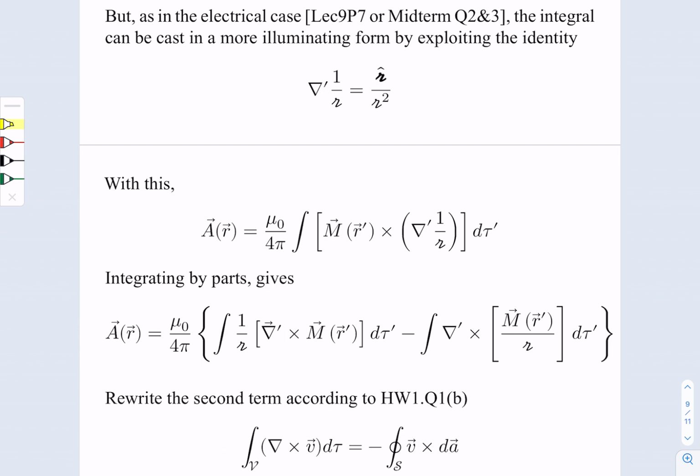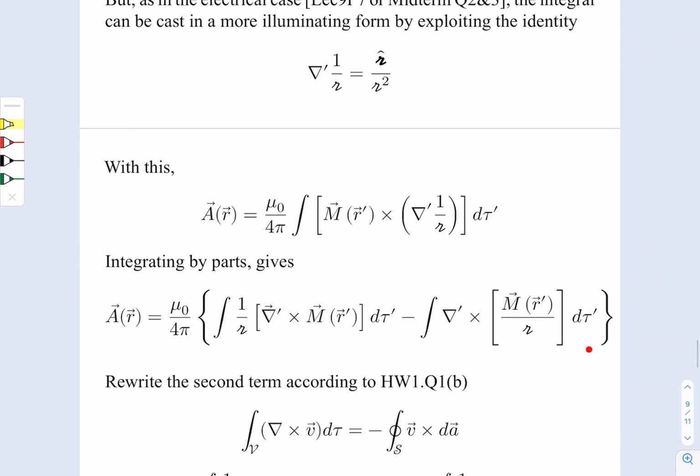For the second term, if you look at your homework 1, question 1b, you can see that there is a similar Stokes theorem for an expression like this, where you can express the del cross v in terms of minus v cross a. So it's a generalization of the Stokes theorem.